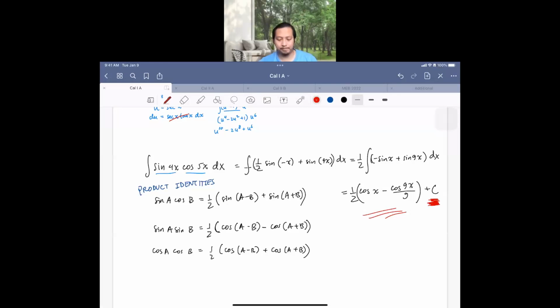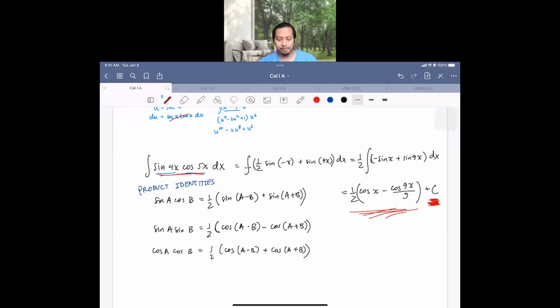I don't have any example now, but let me check in another lecture. We'll check some example that might seem to have a different solution, but actually, because of the plus constant, we can say that it might be the same. For example, you have sine 4x and cos 5x, and this is the result.